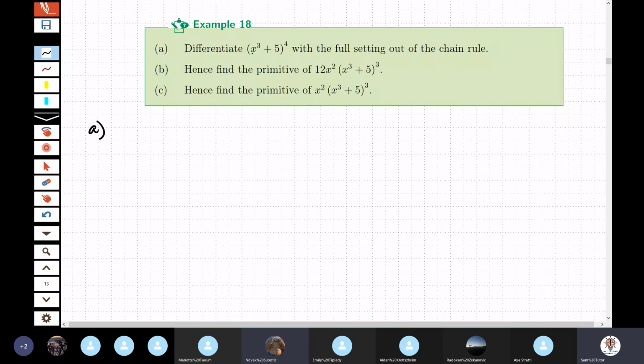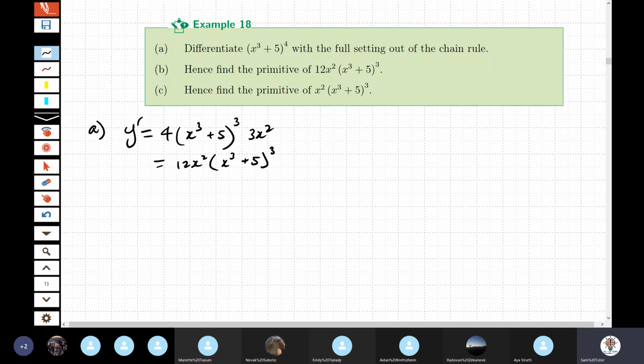Example 18. A. Differentiate x cubed plus 5 to the power of 4 with the full setting out of the chain rule. Easy. So let's do it. Differentiate it. y dash equals 4, brackets x cubed plus 5 to the power of 3 times 3x squared. Which becomes 12x squared, x cubed plus 5, all cubed.